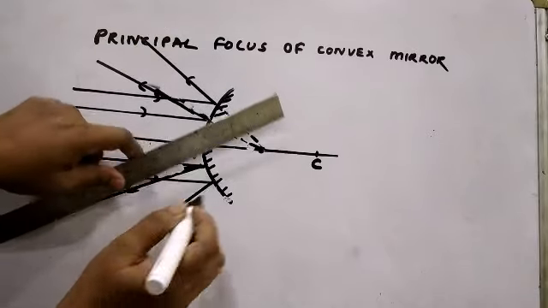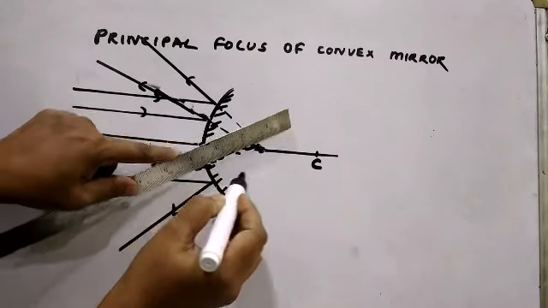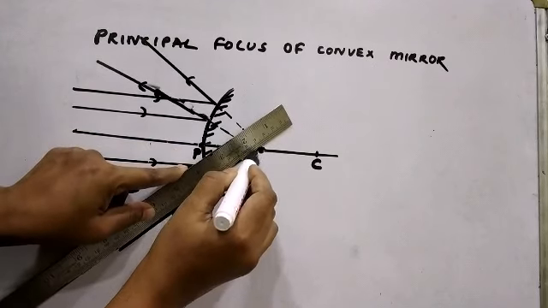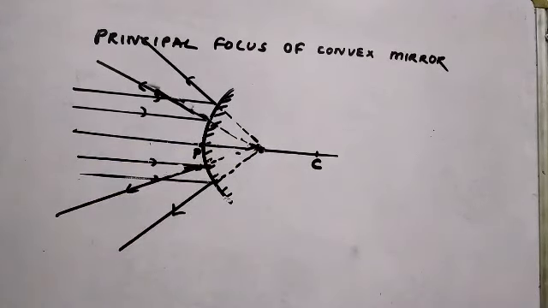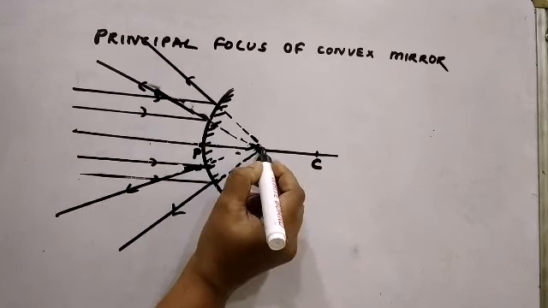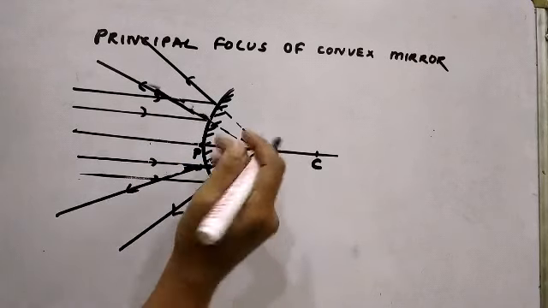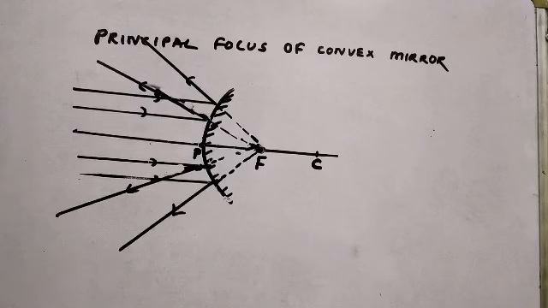This is a reflected ray. I am showing the extension of the reflected ray. Similarly, here. You find that when these reflected rays of light are extended behind the mirror, all these rays appear to come from a point on the principal axis which is behind the mirror. So this point is called the principal focus of a convex mirror.